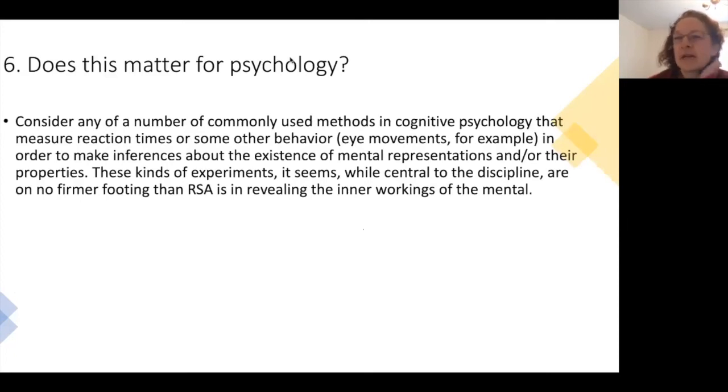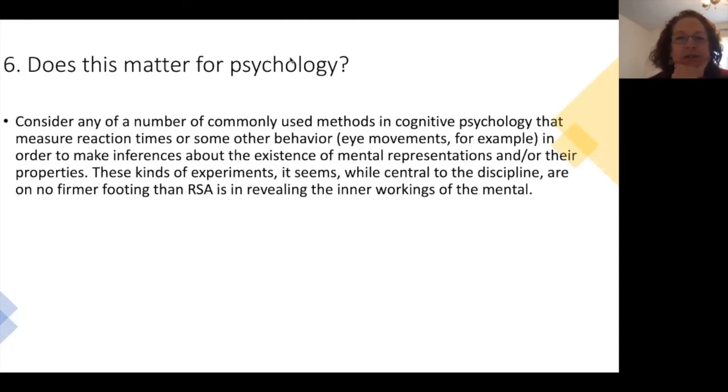So I've talked about what I think RSA can tell us and what it leaves out or doesn't tell us. And now I just want to circle back to the question that I started with, which is whether any of this matters to psychology. And I think that the best way to address this question is compared to what?